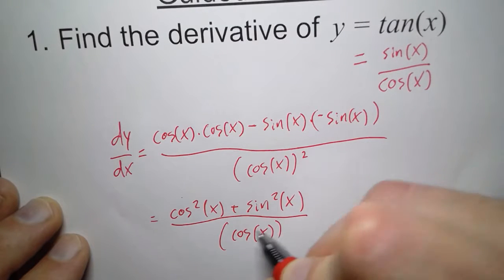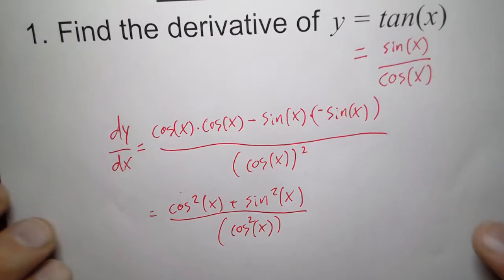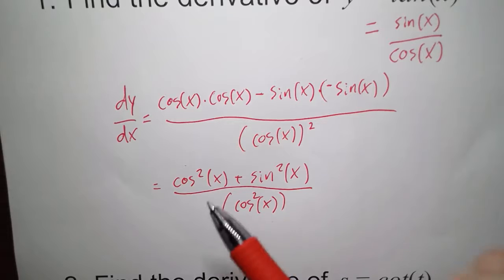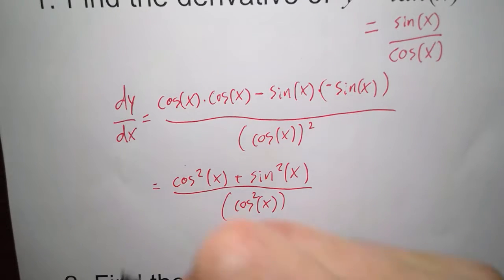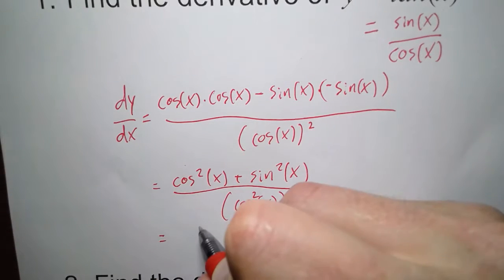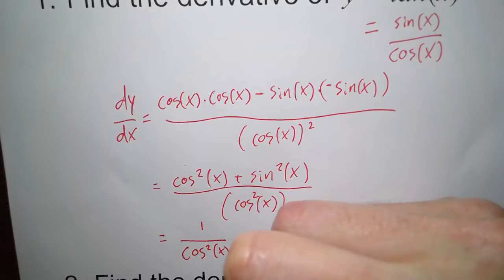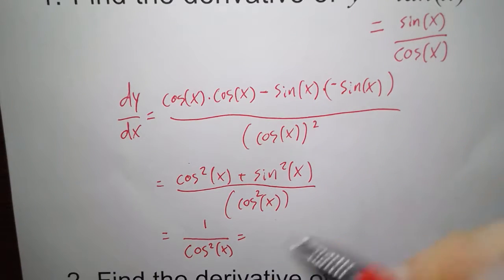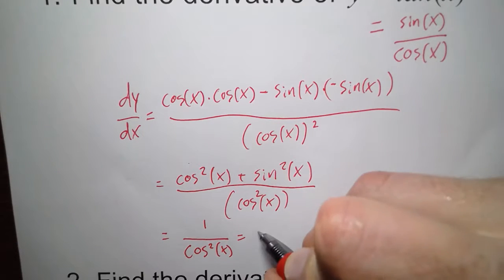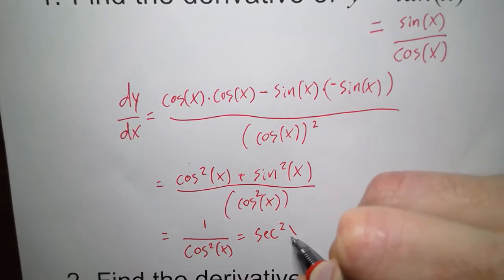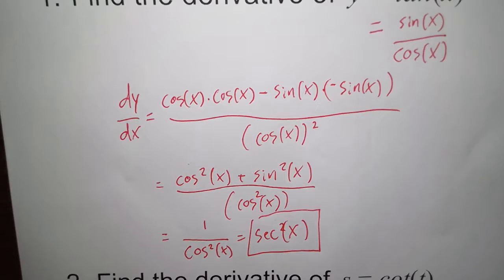Now, at this point, we can apply the basic Pythagorean trig identity, in that cosine squared plus sine squared is just going to equal 1 on the top. And then we're left with cosine squared of x on the bottom. Now 1 over cosine is secant, so 1 over cosine squared is secant squared of x. And so there is our derivative of tangent.